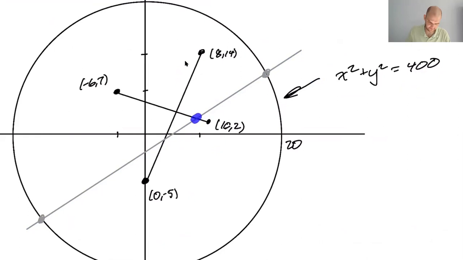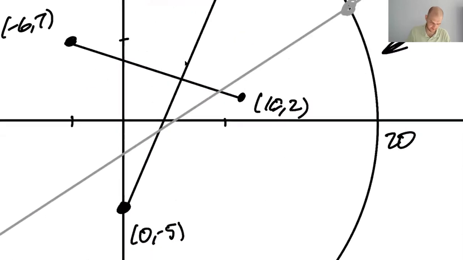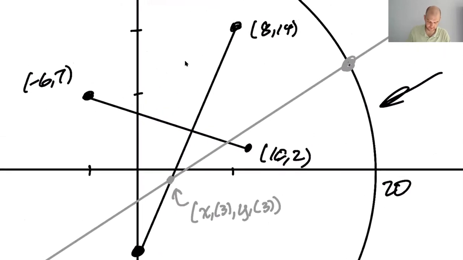Well, this is where target 2 is, and this is where target 1 is. So this is x1 of 3, y1 of 3, and this is x2 of 3, y2 of 3.